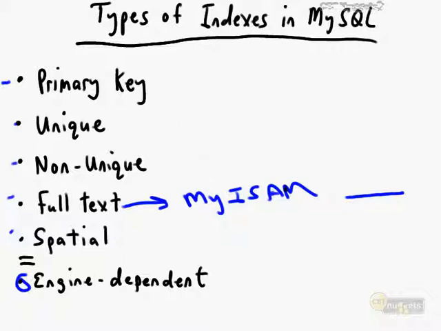The other indexes are capable of being used with MyISAM or InnoDB. But as I said, you can consult the reference manual for the specifics. This is really the take-home message for the exam. Another take-home message is the primary key index.